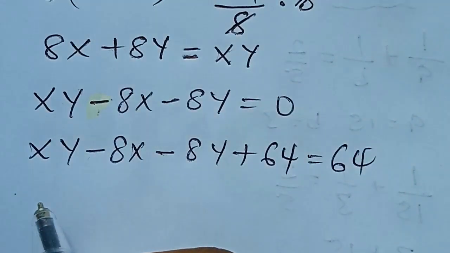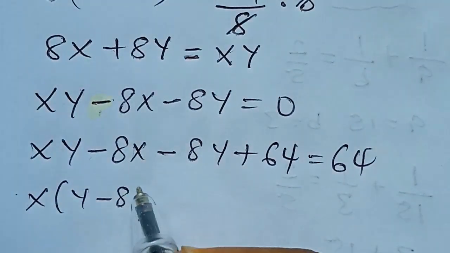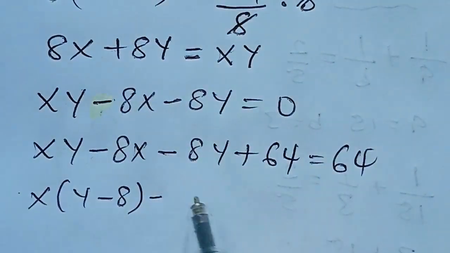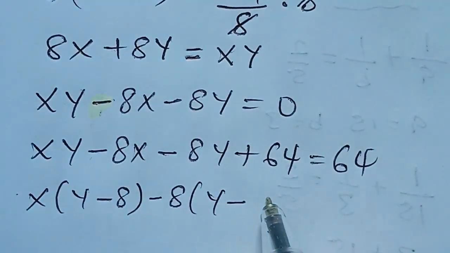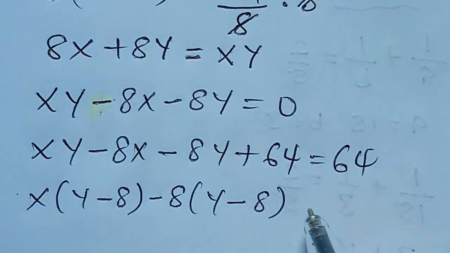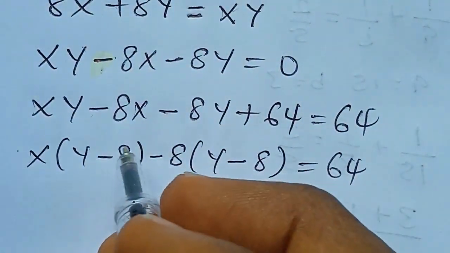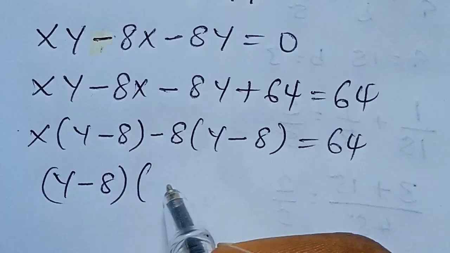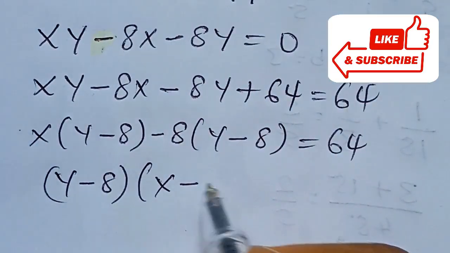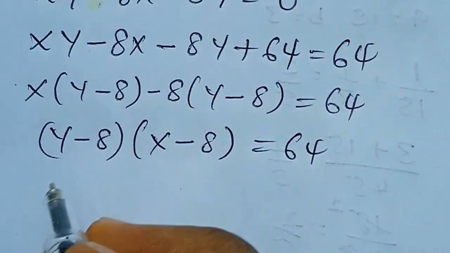So we have x into bracket y minus 8, then minus 8 into bracket y minus 8 equal to 64. Now here we have y minus 8, then x minus 8 equal to 64.